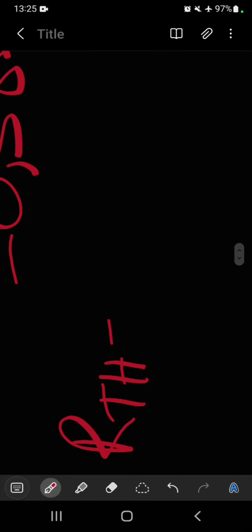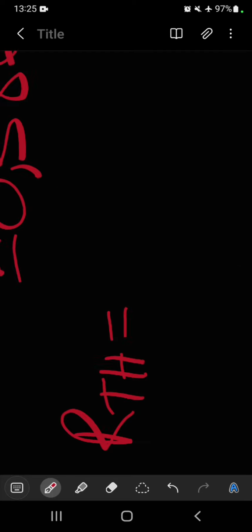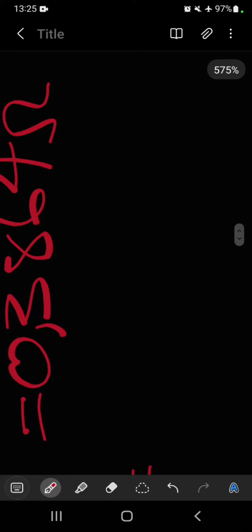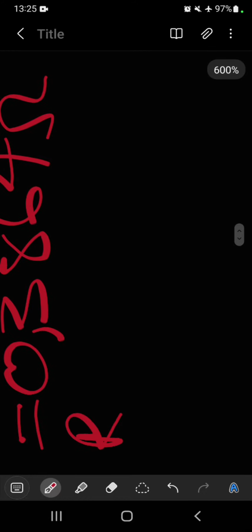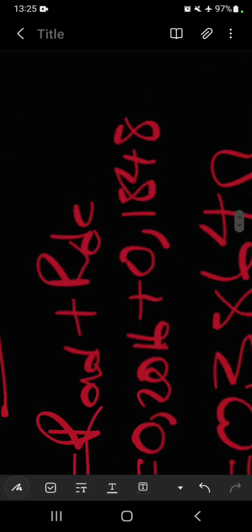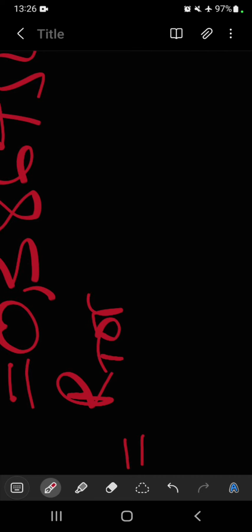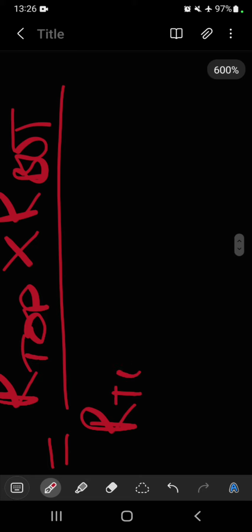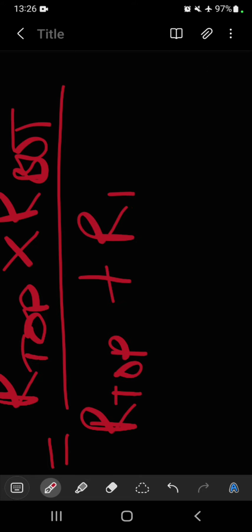Now RThevenin is equal to the R total. Meaning if you add them together, I just showed you that they're in parallel, so I'm gonna use the product over sum. We're gonna have R top times R bottom, all over R top plus R bottom.